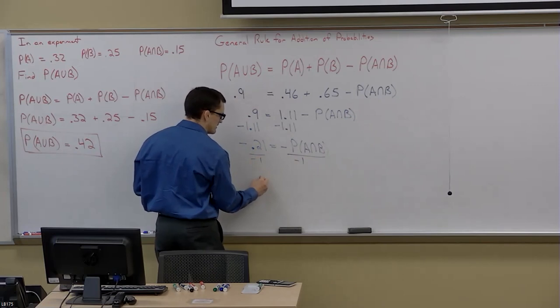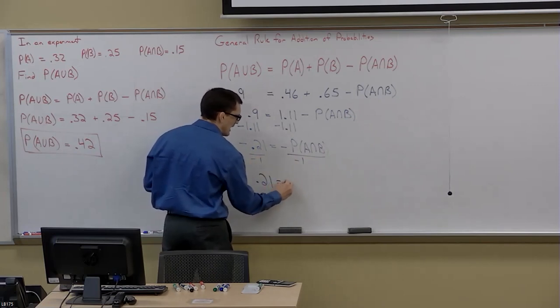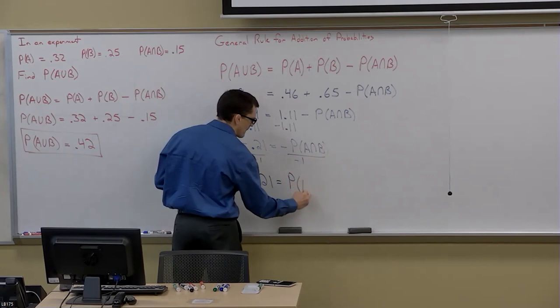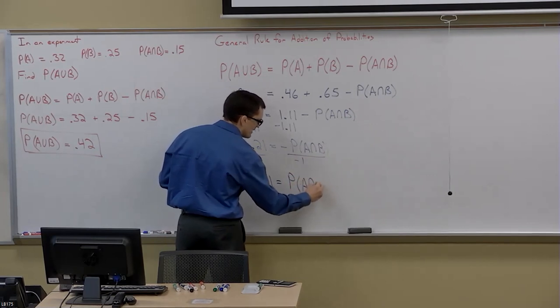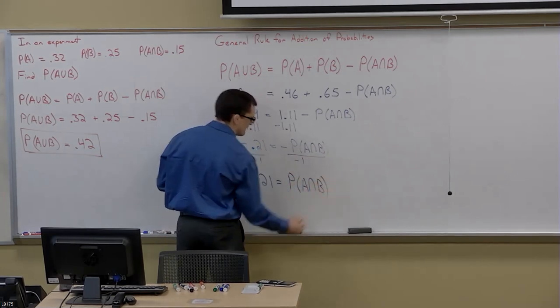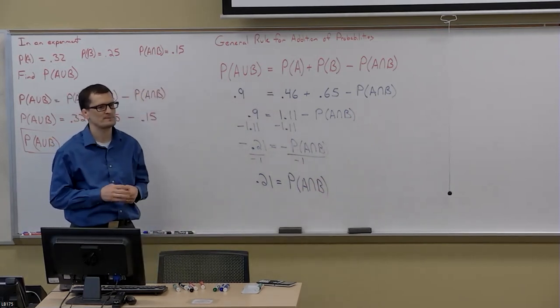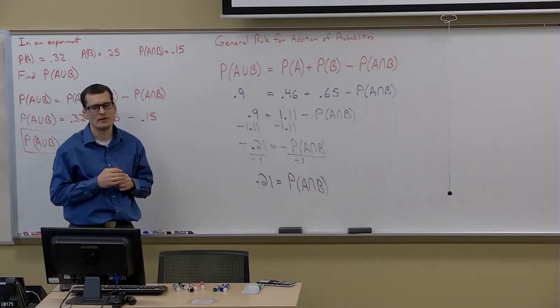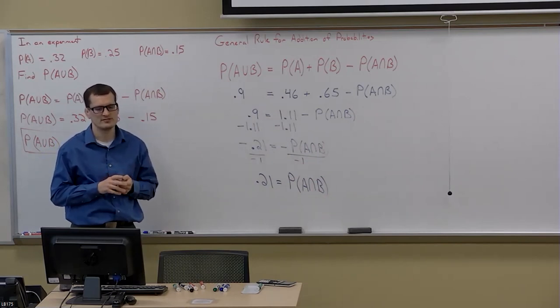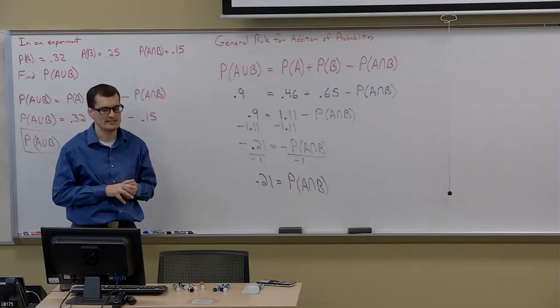And you get 0.21 as the probability of A intersect B. Is that right? So 0.21 is the probability of the intersection.